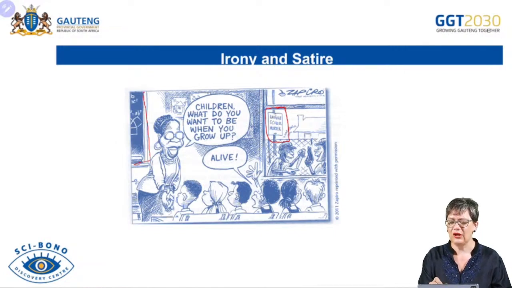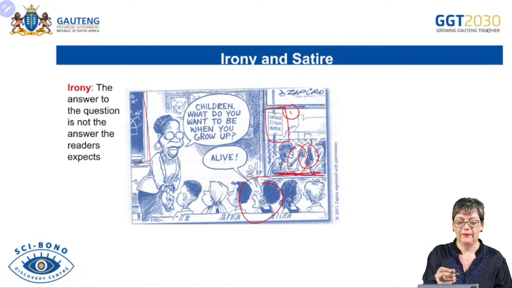So what is the connection between this child's answer and what's happening outside this classroom? Now, obviously, we've got the poster, that's number one, to tell us there's been another school murder. But look at these two guys. They are obviously in uniform, but the one has a knife and the one has a gun. This is really scary.